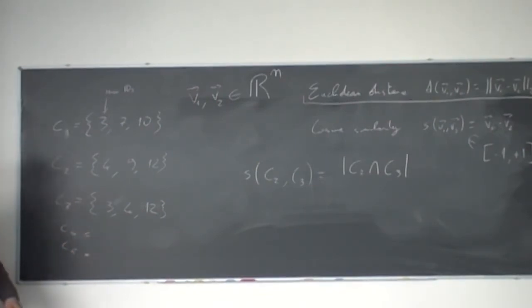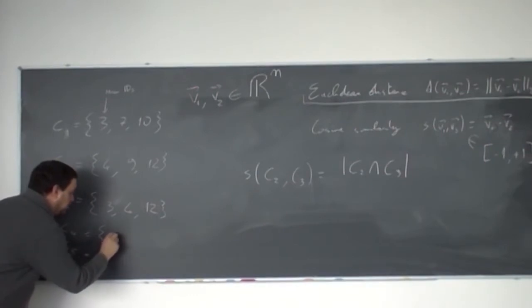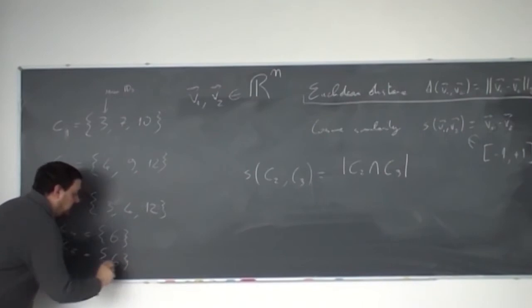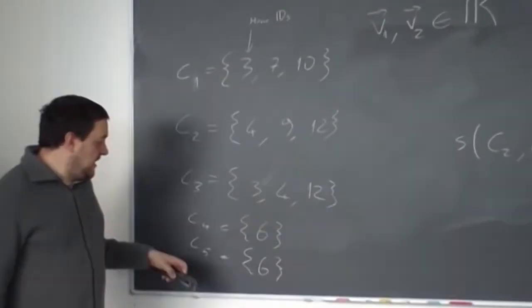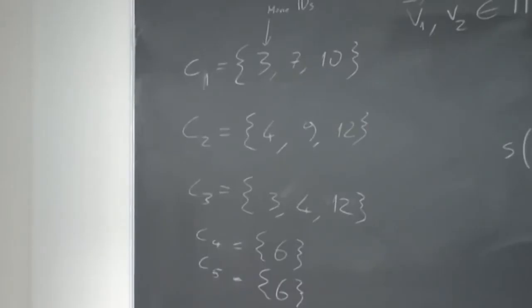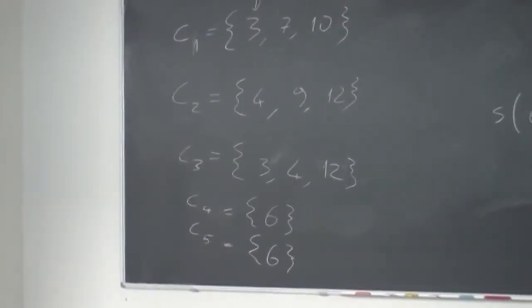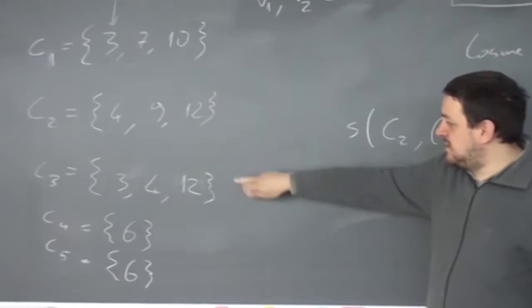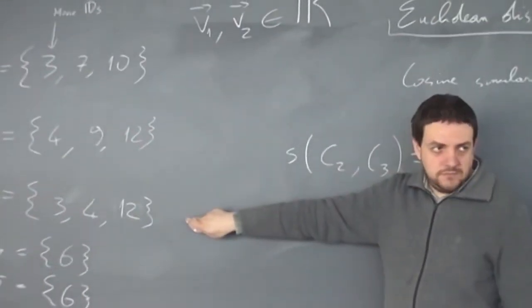They just arrived, and they just bought one item each, for example, movie 6. With this definition, the similarity between C4 and C5 is 1. Consider this. The similarity between C2 and C3 in this context is 2, because they have two common items.